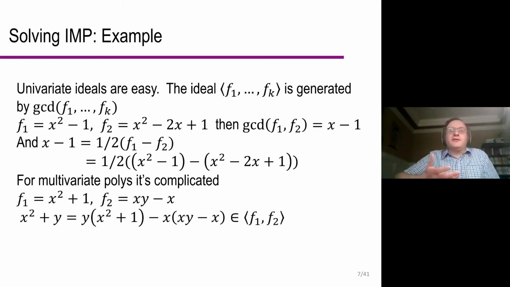For instance, the polynomial x squared plus y is a linear combination of the two, and so it belongs to the ideal. But in some sense, it doesn't seem to be very much related to any of them. It's not clear why it should belong to the ideal, and so on. So when we have multiple variables, things become quite complicated.